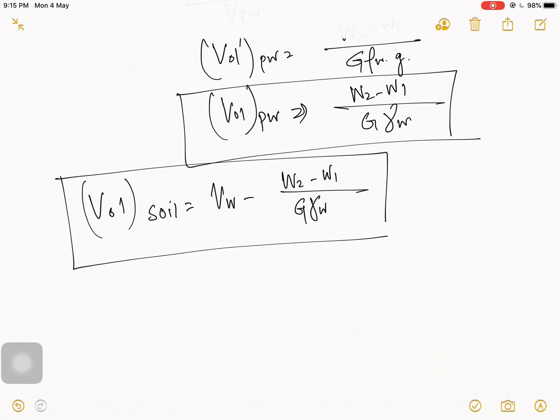We can easily find out the density. But suppose, sir, I don't know what VW is. Let's again find VW. How?